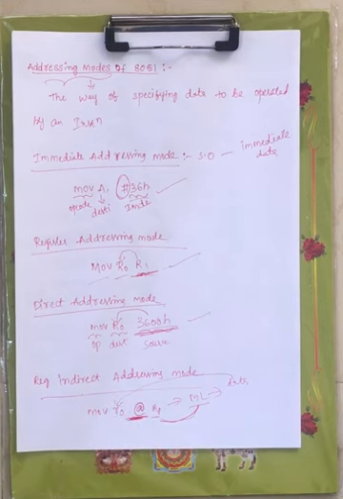These are the 4 addressing modes we have seen earlier also. Let me briefly explain again. What is the meaning of addressing mode? It is the way we specify the source operand in an instruction. That source operand may be immediate data, a register, a memory location, or a register pointing to the memory location indirectly.